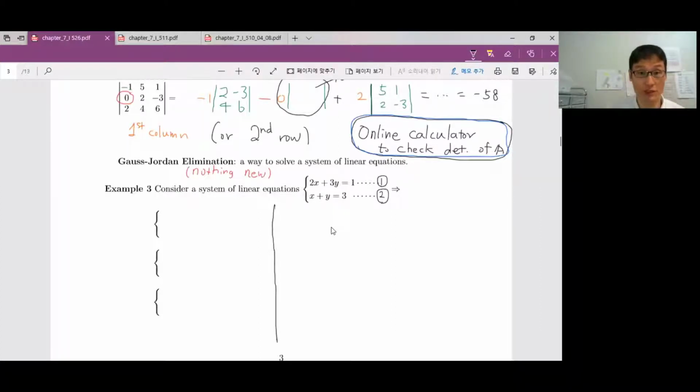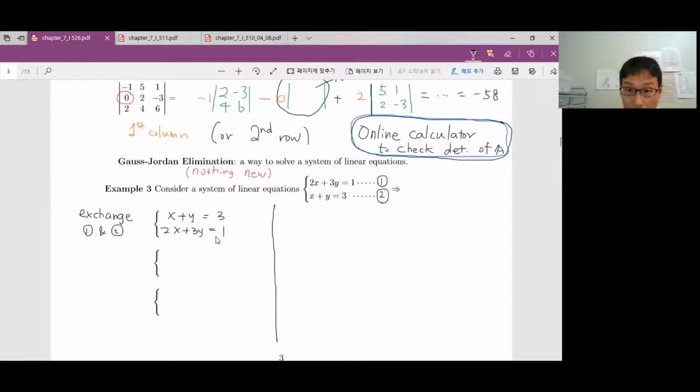And for some reason, let me start with exchanging two equations. So first step is to exchange equation number 1 and 2. So then we have equation x plus y equals 3 on top, and 2x plus 3y equals 1 at the bottom.